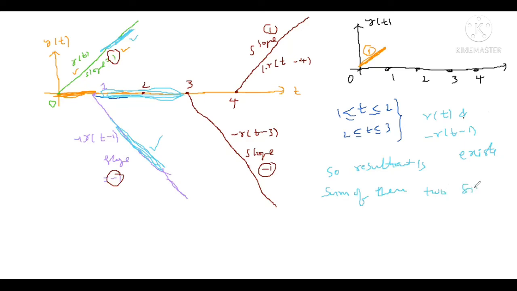The r of t slope is 1 and the minus r of t minus 1 slope is minus 1. So 1 minus 1 equals 0, so we will get the 0 slope. So in between 1 to 3 we have a line with slope 0.